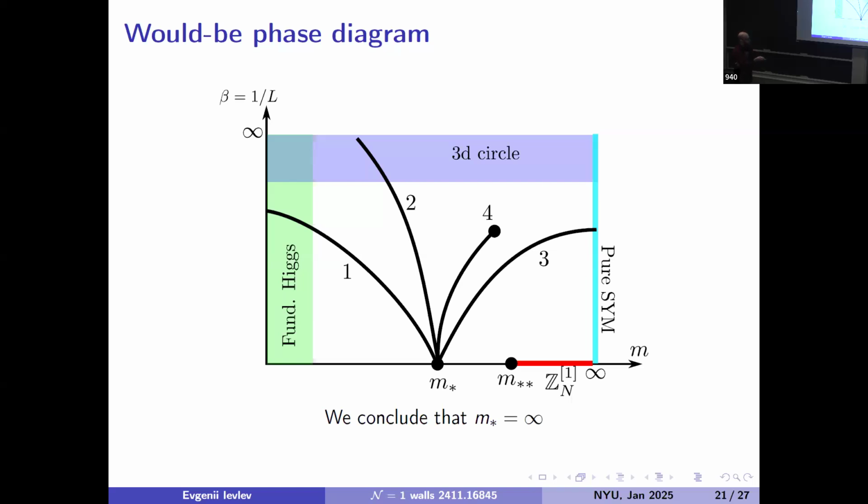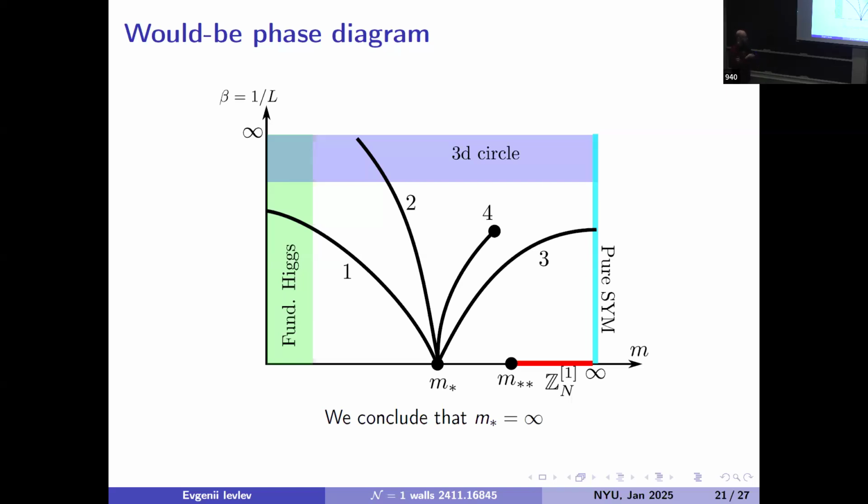And precisely at the point m equals infinity, there is a line which is also well studied, because there is no matter in the fundamental representation there, and there is certain higher-form symmetry machinery which you can apply there, and a lot of people have studied this theory. There are a lot of results which are more or less reliably known for that as well.